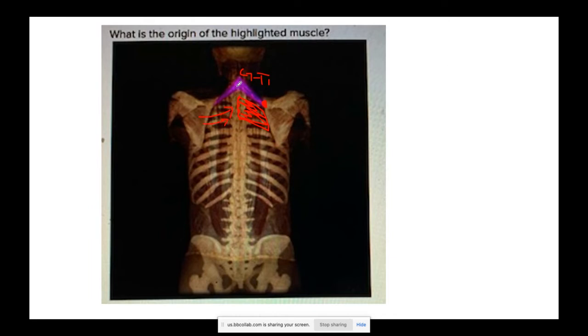Okay? And at the same time, because it runs on an angle, see how I kind of made these curved? The glenoid cavity or fossa will be pointing downward. As this side goes up, the other side goes down. So they also say it downward rotates the scapula.